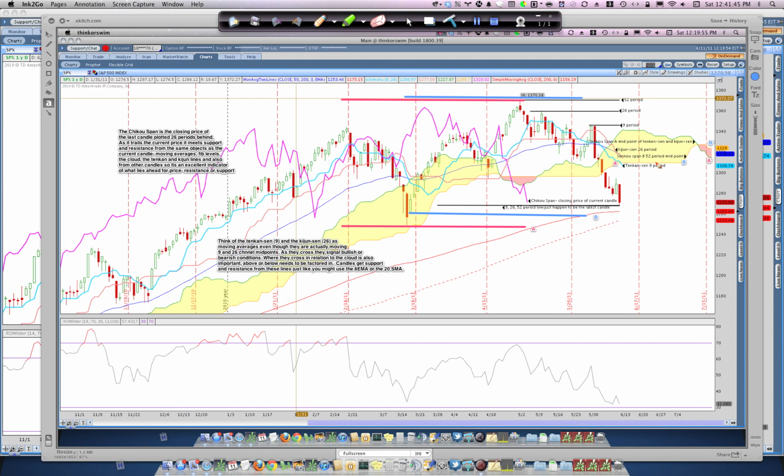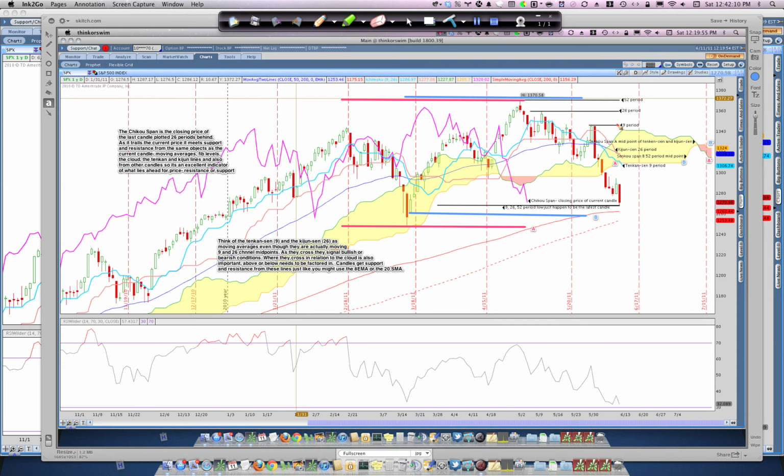A flat cloud is telling you that we've got a channel in place and we're waiting for a break. We're going to break in this direction if we have a new low. We're going to break in this direction if we have a new high. So, I hope that makes sense to you.